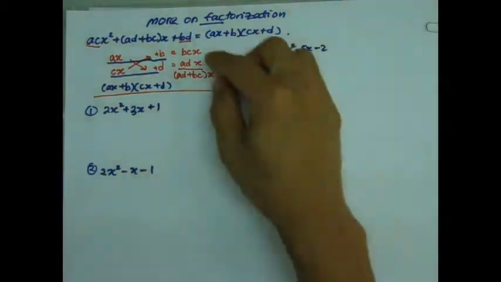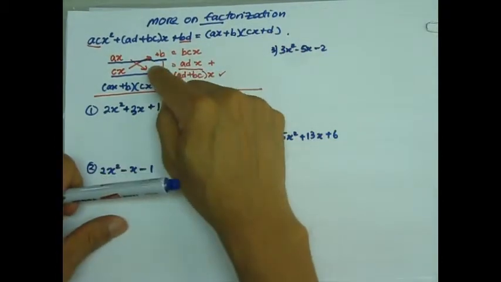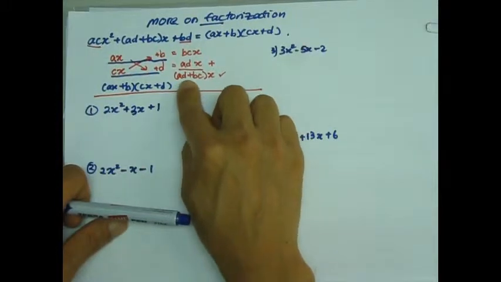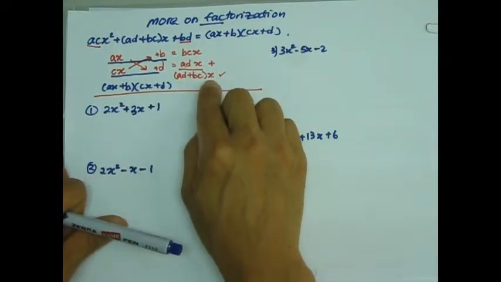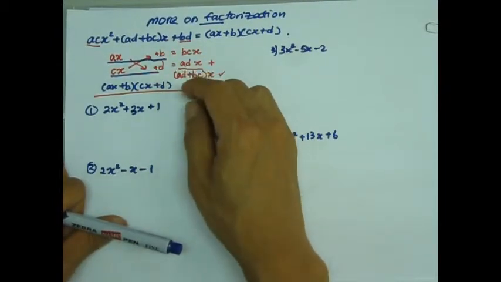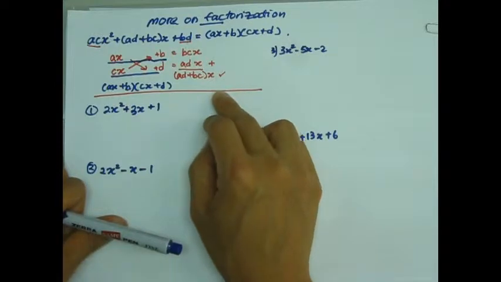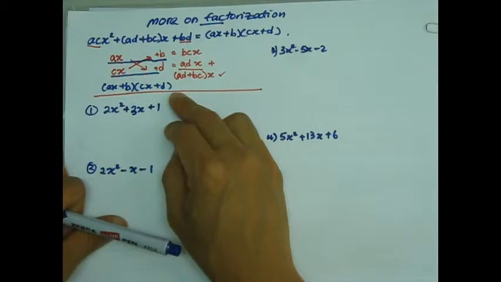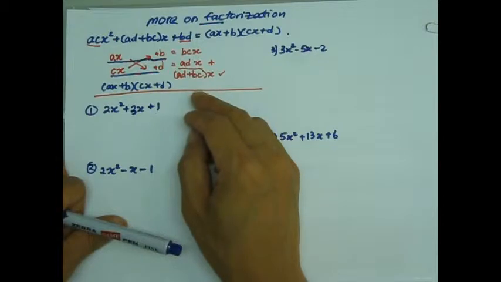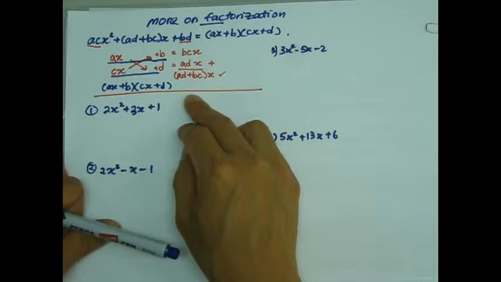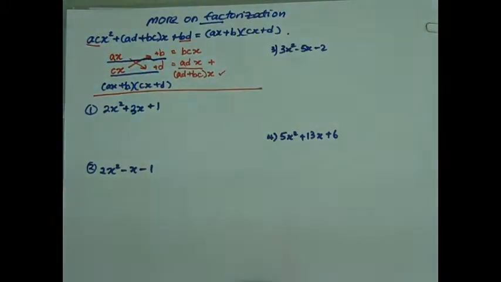If after cross multiplication and adding up, the result is not (ad plus bc) times x, that means you need to try this process again. This process doesn't always work, but if it works, it gives you an easy factorization way. I would recommend that you try maybe 2 or 3 times. If it didn't work, then you should proceed to another method, which I will talk about later on.